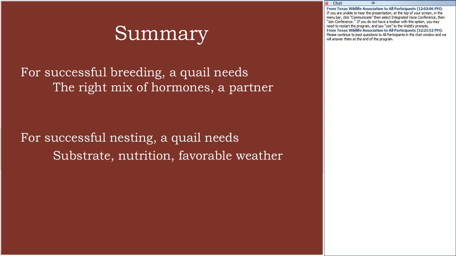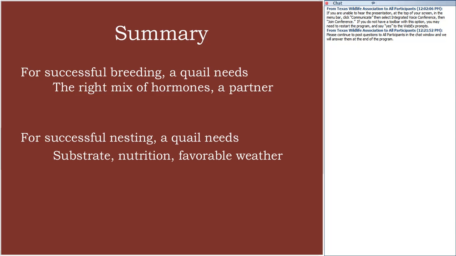It's going to need the right nutrition to support those nesting efforts, including the laying of eggs. And this is more luck than anything else, but they are also going to require favorable weather. And in fact, some rain events, depending on when they happen during the breeding process, can either greatly support nesting efforts or completely sabotage them.